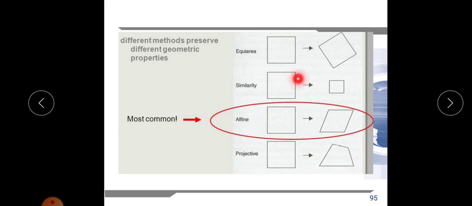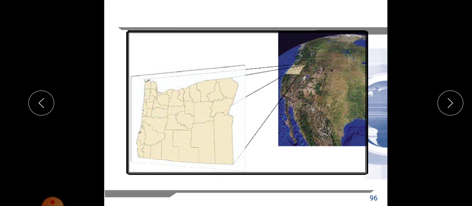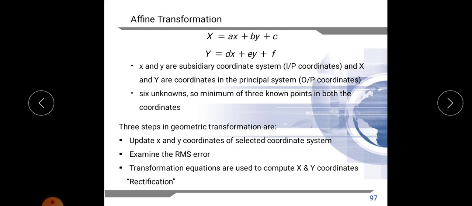In equiarea, both shape and size are preserved; in similarity, the shape is the same but the size is not preserved; in affine, only parallel sides are preserved; and in projective, both length and angle are distorted. Among these methods, affine is the most commonly used one.